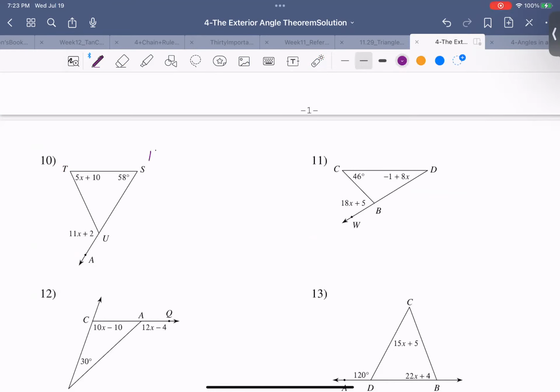You can do 11x plus 2 plus x equals 180. Okay, hold on. This guy is the exterior angle. This guy plus here is 180. This 2 plus here is 180. So this guy equals this one, right? 11x plus 2 equals 5x plus 10 plus 58.